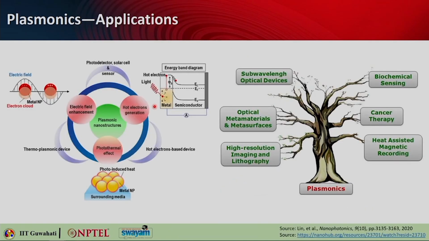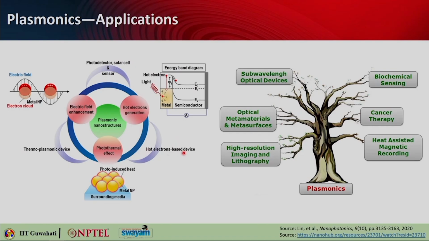So plasmonics basically deals with surface plasmons, and that brings in three main effects: electric field enhancement, hot electron generation, and photothermal effect. This near field enhancement helps better photo detection, and increases the efficiency of solar cells and sensors.